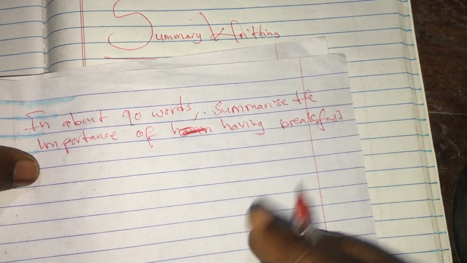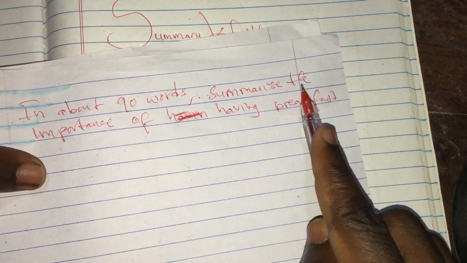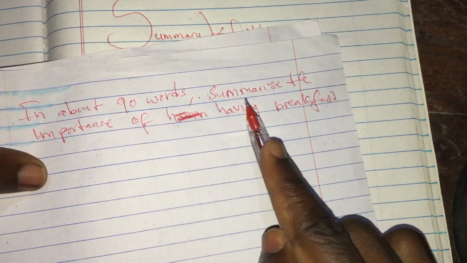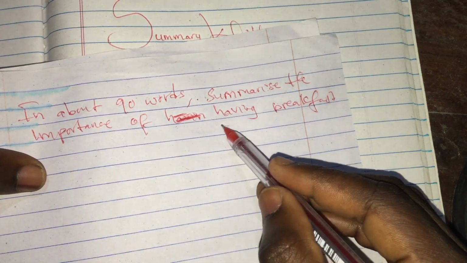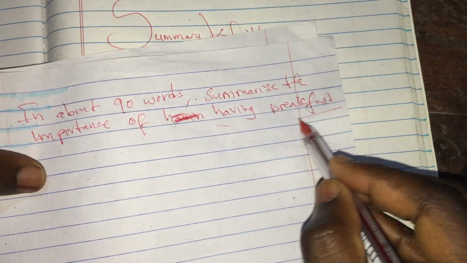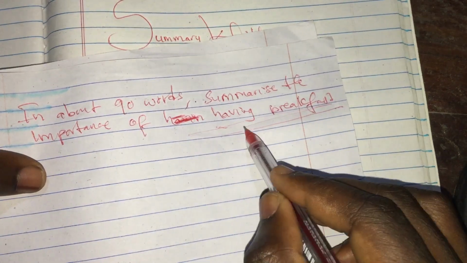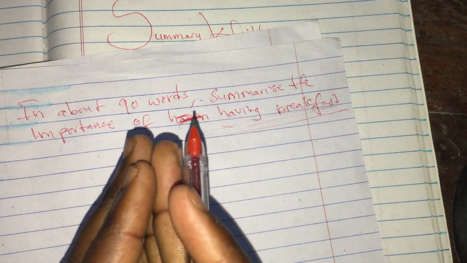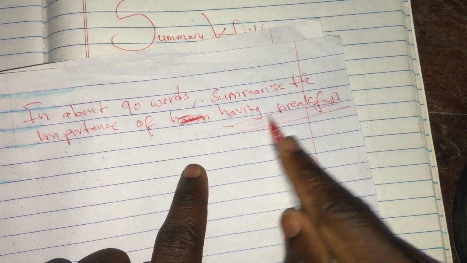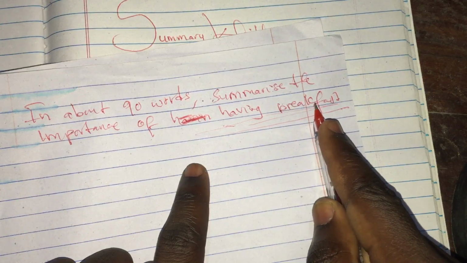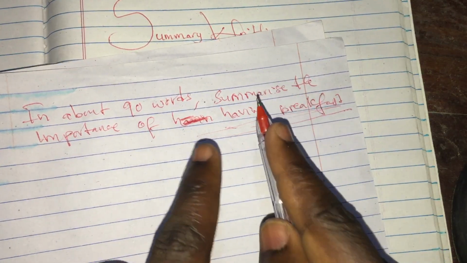You have seen? So summarize the importance of what? Having breakfast. If you check this question, you just have to focus on the breakfast part. You are just writing points on one side. So your points should just focus on breakfast. This is what you call a one-sided question.